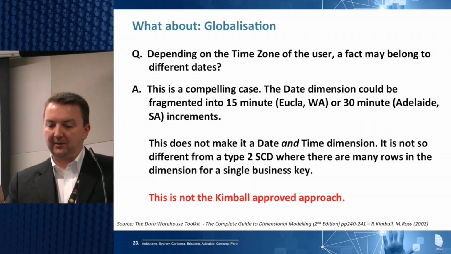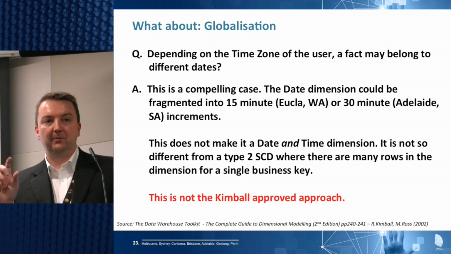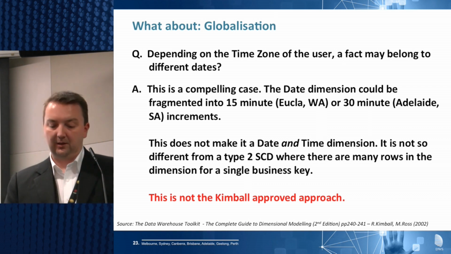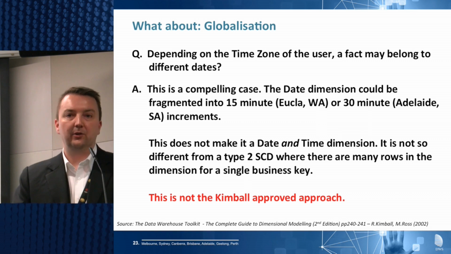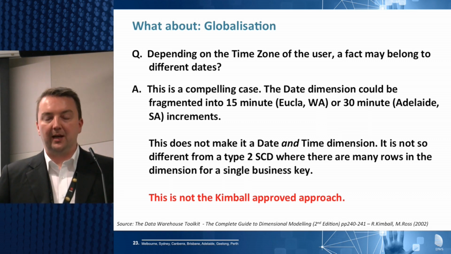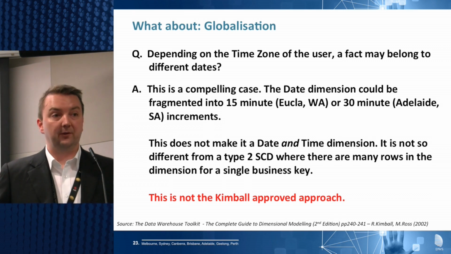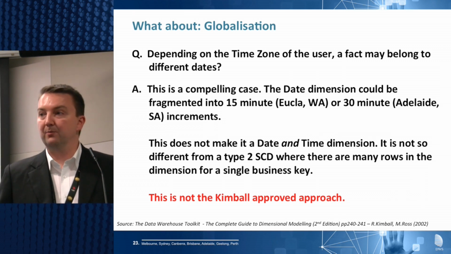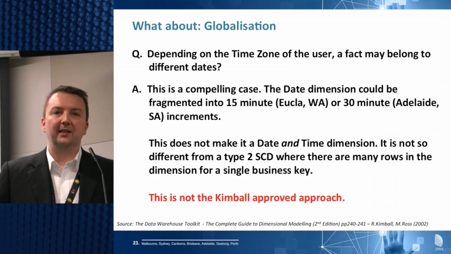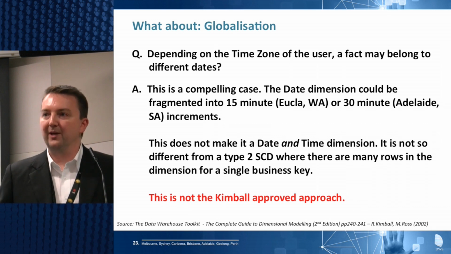Then when the fact came in, depending on the 15-minute interval, you would allocate it to a particular row in your date dimension. But even though our date dimension now contains more rows at 15-minute intervals, it contains 96 times more rows than it did at the daily interval, it doesn't make it a date and time dimension. It's still a date dimension with a finer granularity.